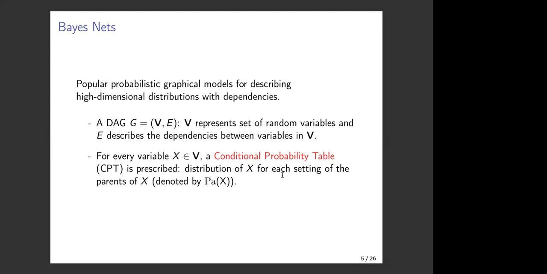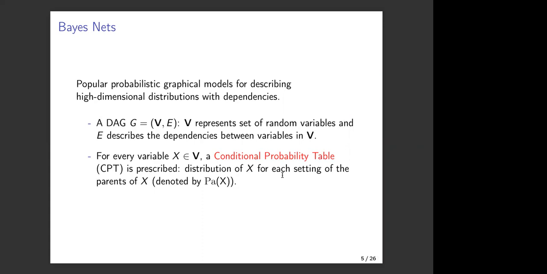So we'll start with Bayes nets. They are probabilistic graphical models for describing high dimensional distributions with dependencies, and have many applications in statistics, machine learning, etc. Formally, you can think of it as two components here.